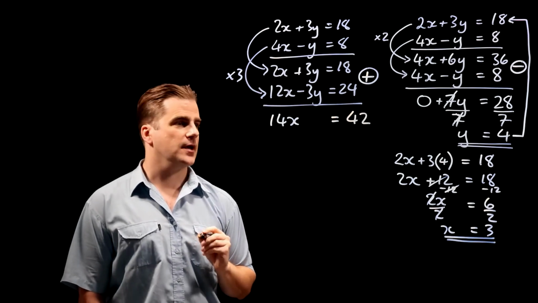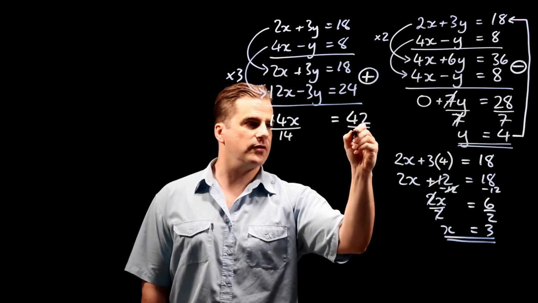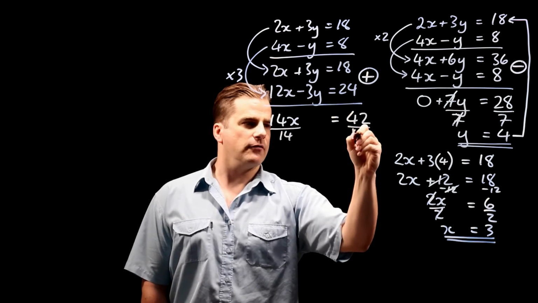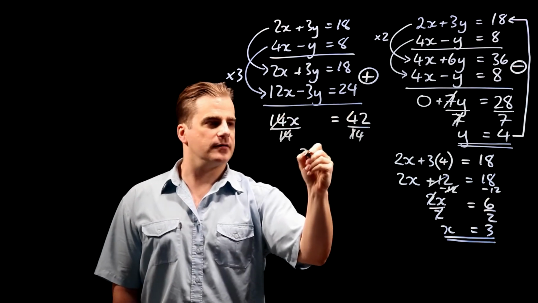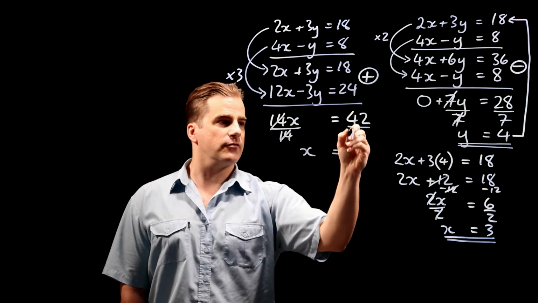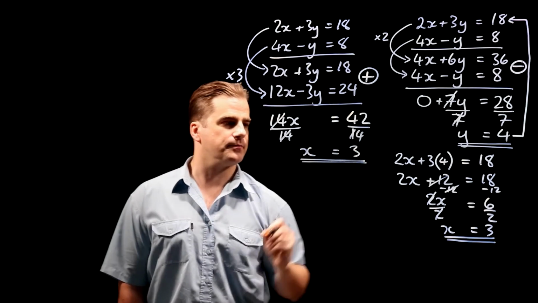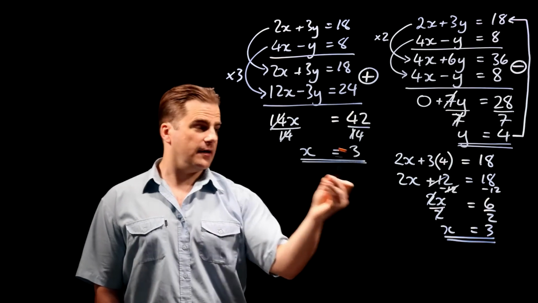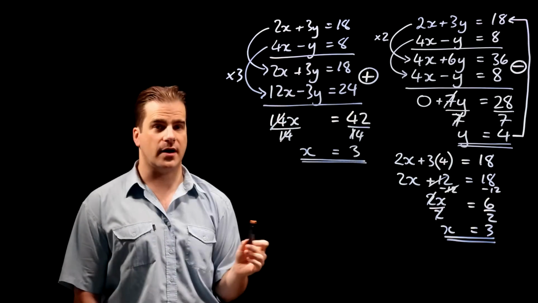Good. So now, just to get x by itself, we divide both sides by 14. Boom, boom. And we get x equals 42 divided by 14, which is 3. X is 3. Yeah, it worked. We got the same answer. You see? It doesn't matter whether you pick on the x's or the y's to eliminate.